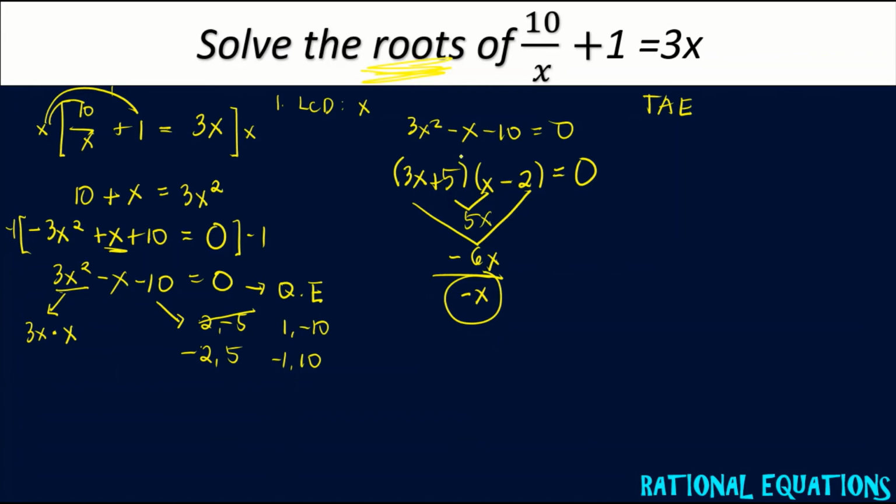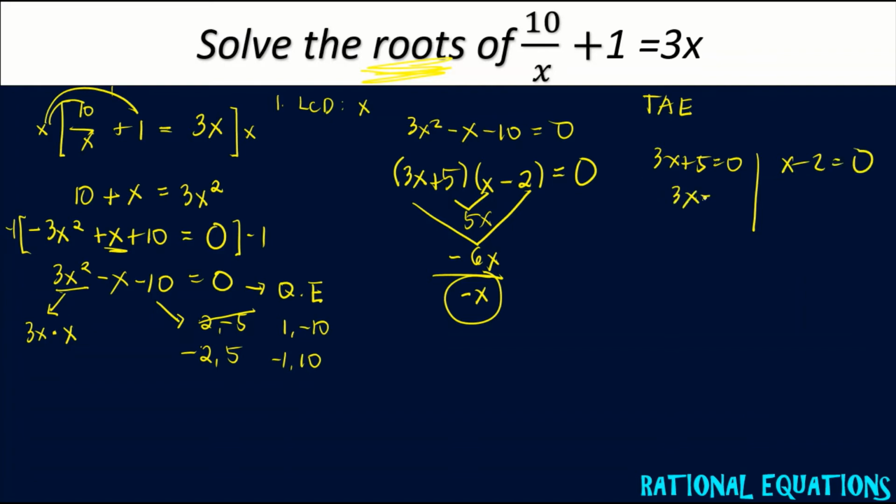So therefore, hinahanap natin factors para kay 3x squared minus x minus 10 equals 0 is quantity 3x plus 5 and x minus 2, then equate it to 0. So to get the roots, equate each factor to 0. Okay, so we have 3x plus 5 equals 0, and then x minus 2 equals 0.